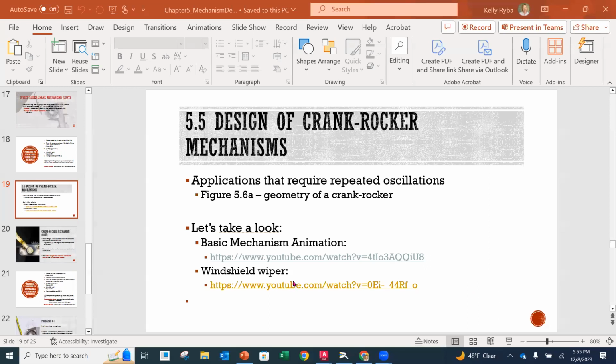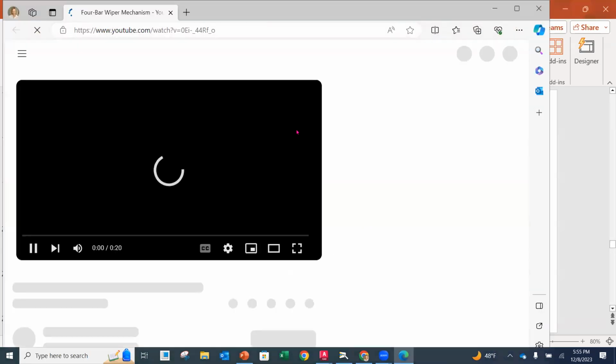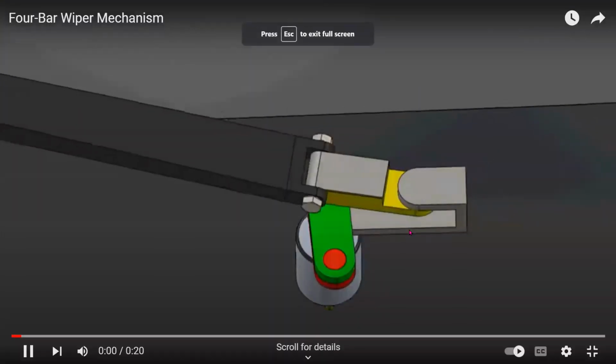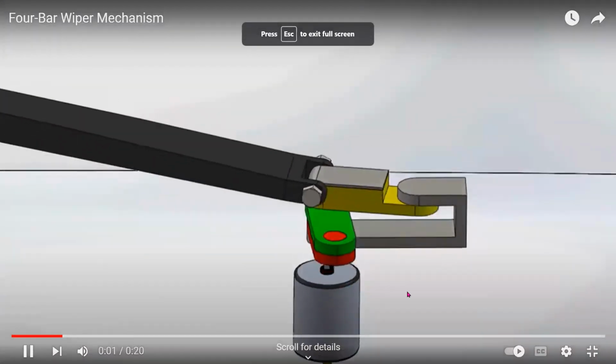The other one that we have is a windshield wiper. This one's really short, if I remember correctly.